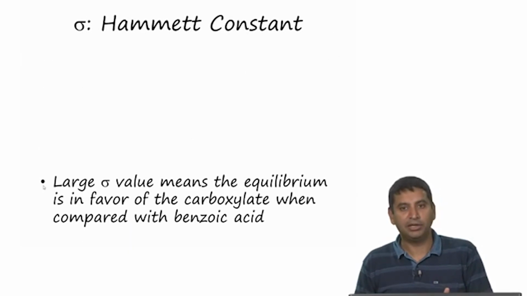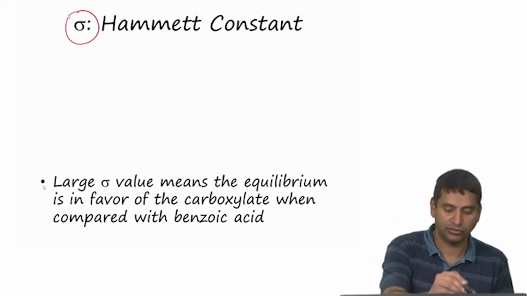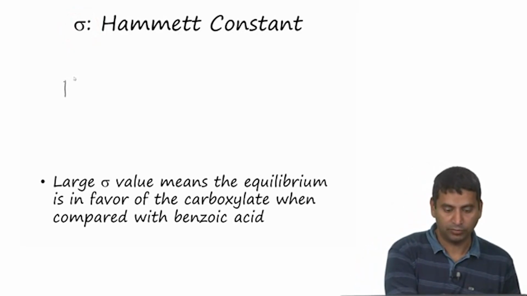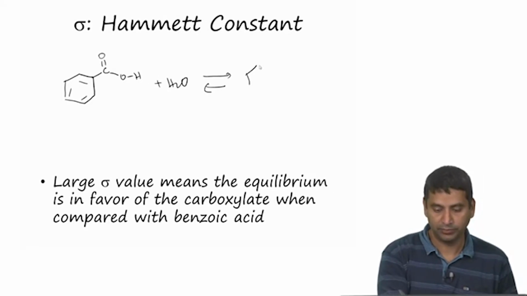What Hammett did many years back was to introduce a term called sigma, which is the Hammett constant. He took this equilibrium of benzoic acid, which I am drawing out here, C double bond O H plus H2O, giving you an equilibrium.